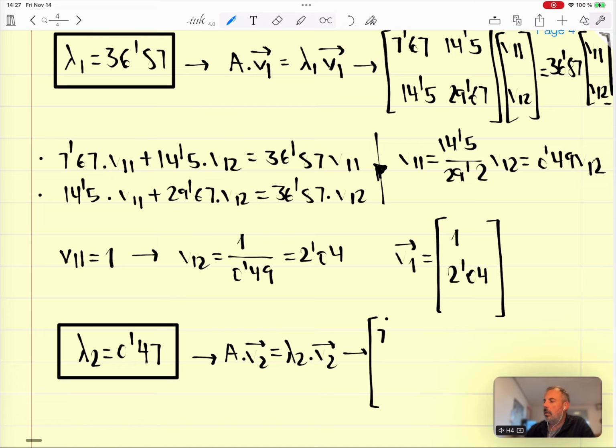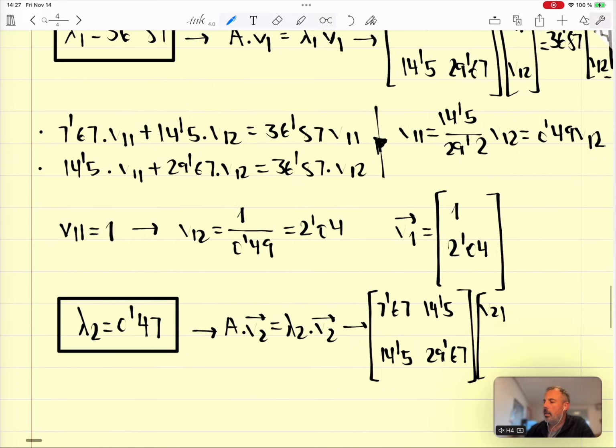So the matrix 7.67, 14.5, 14.5, 29.67 times V21, V22 equals 0.47 times V21, V22.